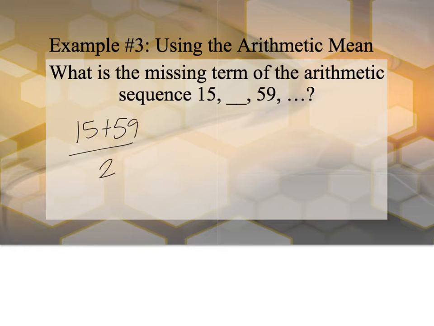In other words, we're finding the average of the first and last number to find the middle. So 15 plus 59 would produce 74. And if we divide that by 2, that's going to give us 37. So our missing number is 37. Very straightforward, very simple, very easy. We're done. So let's do the try.